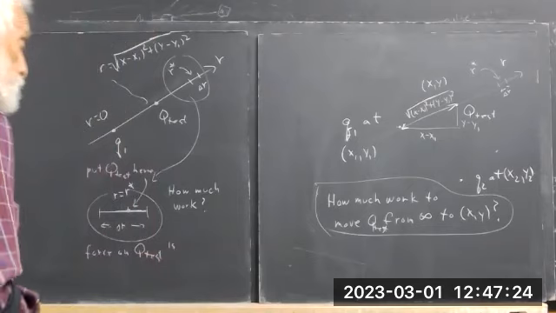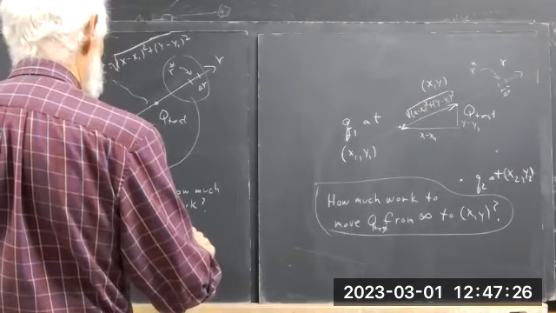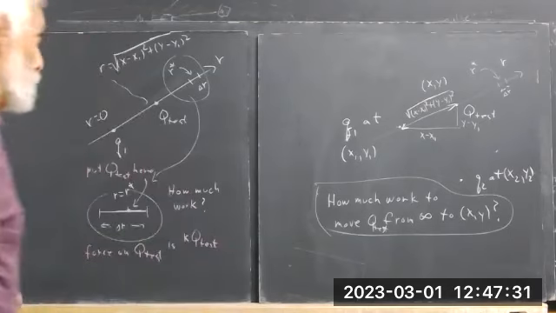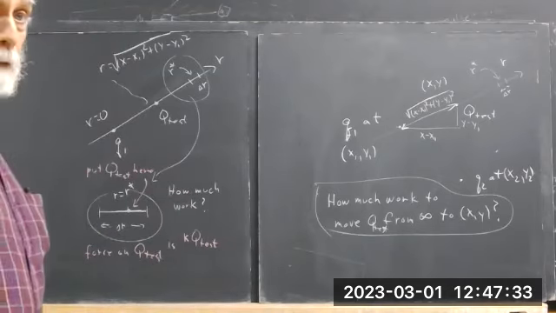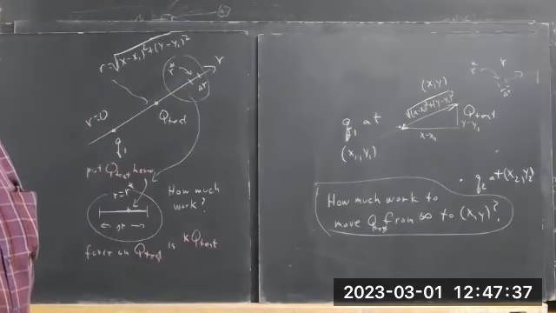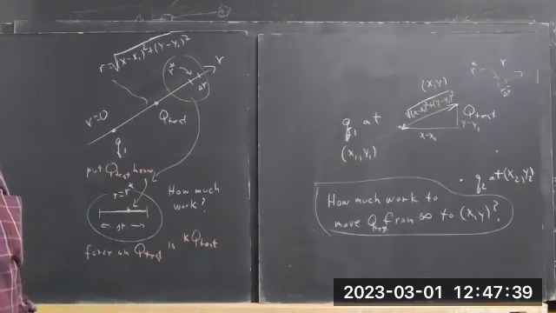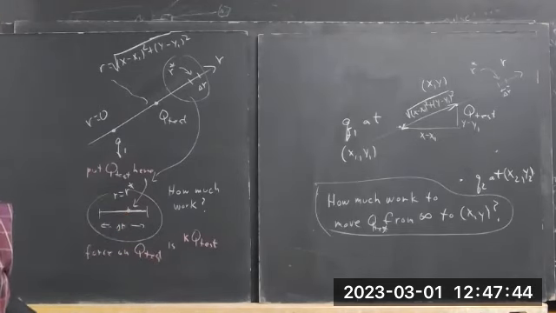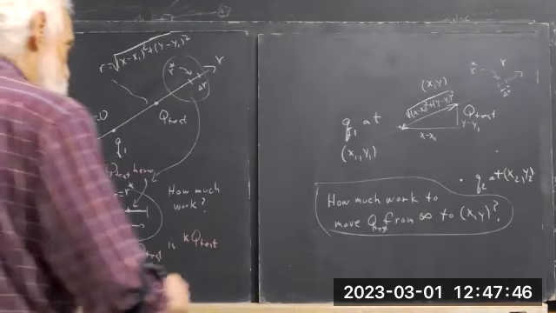Force on Q test is, and everybody has this. Everybody wrote an integral. It was the right integral, but you didn't develop the integral. You just wrote it down. And I'm not convinced that you know how to develop the integral. And it's becoming critical that you be able to do that. Okay, so that's why we keep emphasizing this.